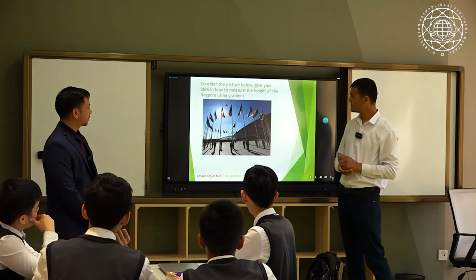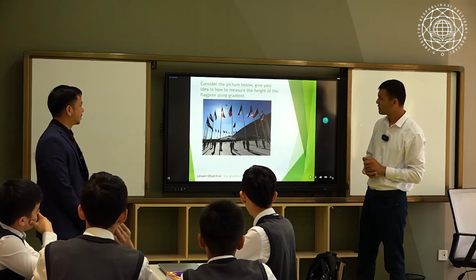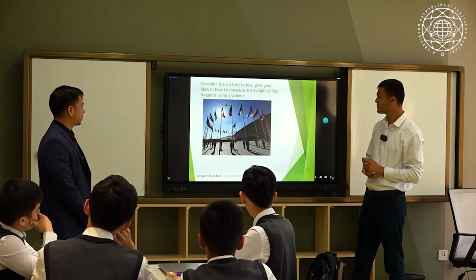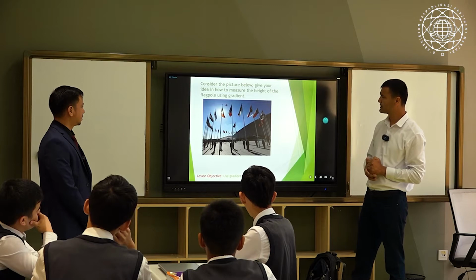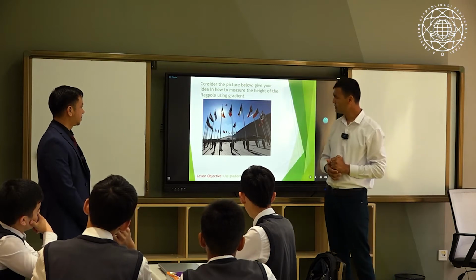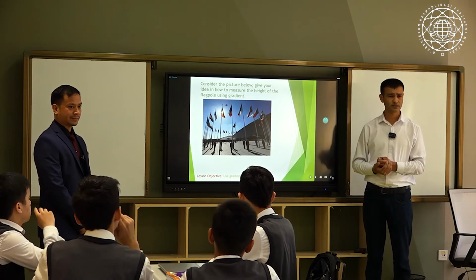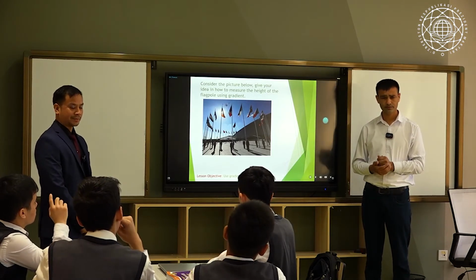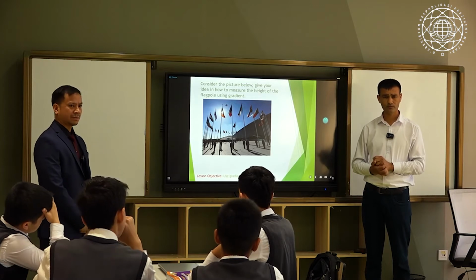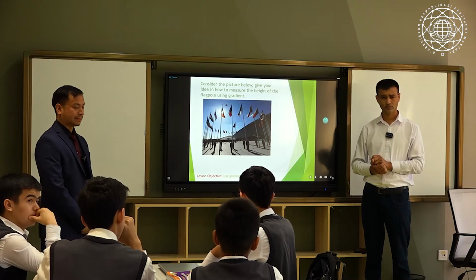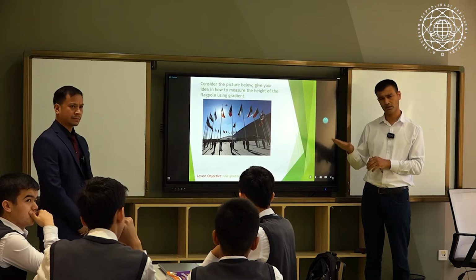Consider the pictures below. Give your idea on how to measure the height of the flagpole using gradient. Anyone who can give an idea? First of all, we should measure the shadow of the person, for example.